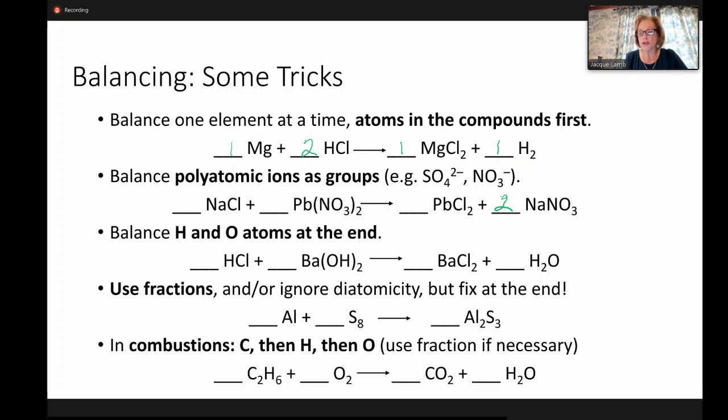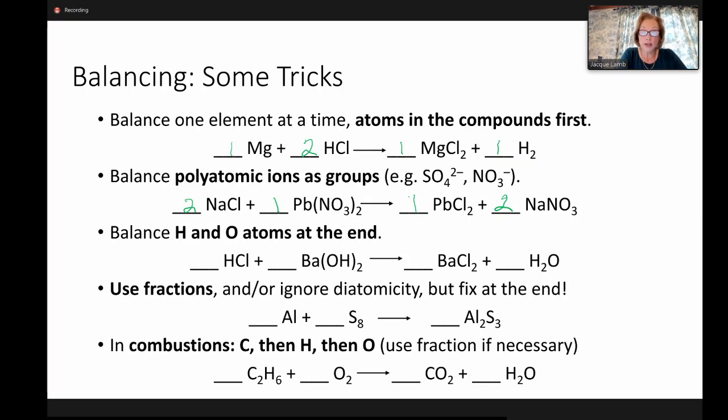That gives me 2 nitrates on both sides. That gives me 2 sodiums, however, so I need to put a 2 over here as well. When I do that, I have 2 chlorines, and I have 2 chlorines on this side as well, so that's already balanced. I have 1 lead on both sides, so the ratio in this is 2 to 1 to 1 to 2.